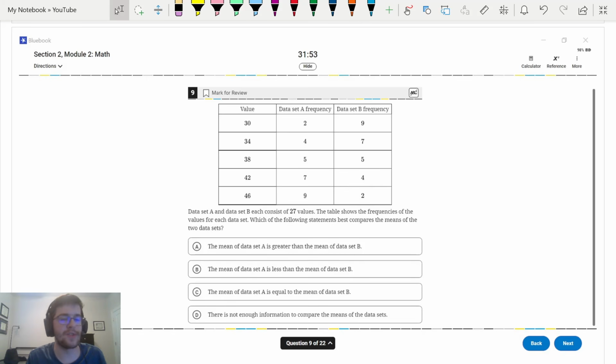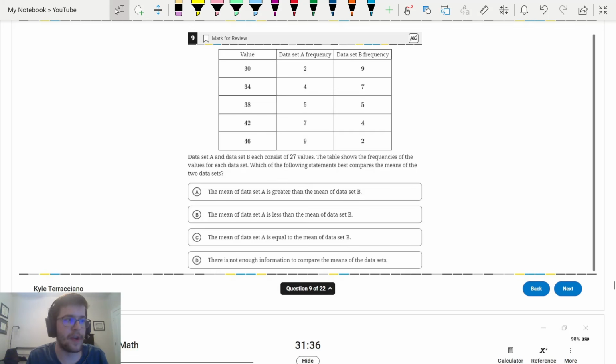Okay, you're not supposed to do this one by hand, but I'm going to go over how to do it by hand just because. So the frequency tells you how many of each number there are. How you find the mean from the frequency is you do mean equals sum divided by n.